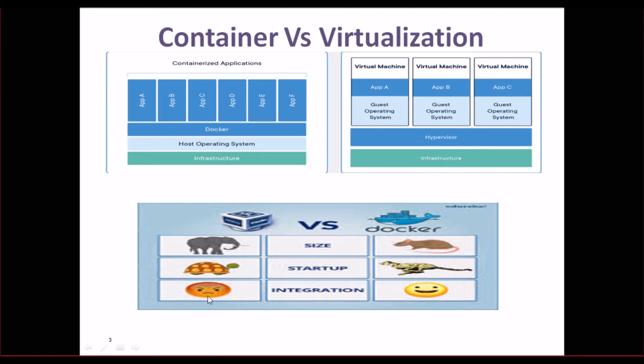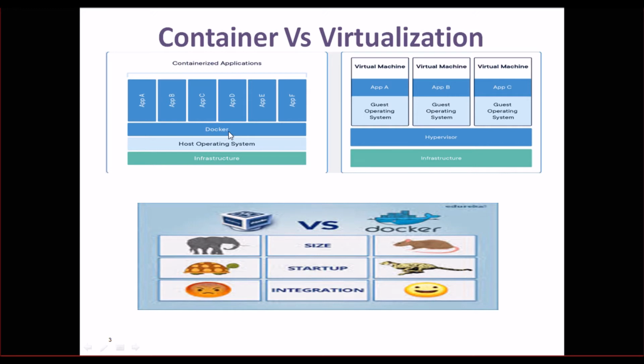Integration: installing the OS and deploying your application is pretty difficult, but this is pretty easy. So when I talk again about these two images, for containerization you have your hardware, and on top of that hardware you have the operating system.